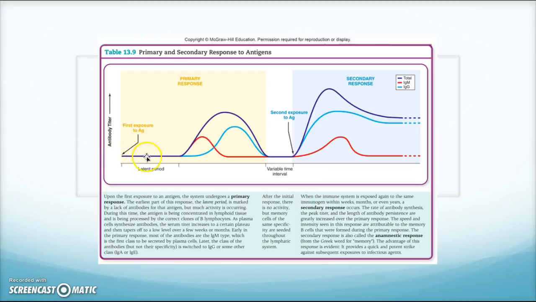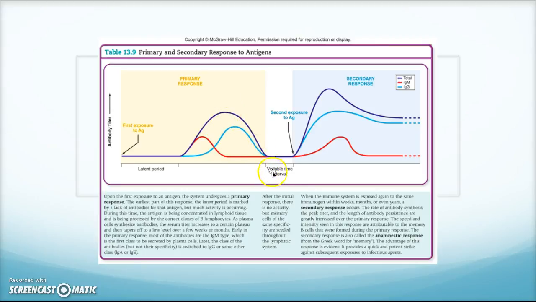We have a very long latent period while we're waiting for it to be recognized and to activate and stimulate B cells, T cells, all of that. And then we see this increase of different immunoglobulins, so different antibody reaction. And it's showing at the highest peak here.